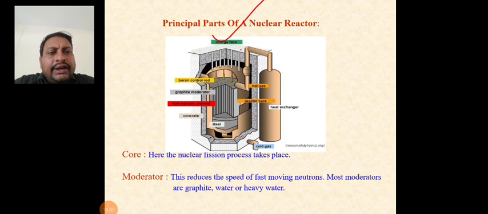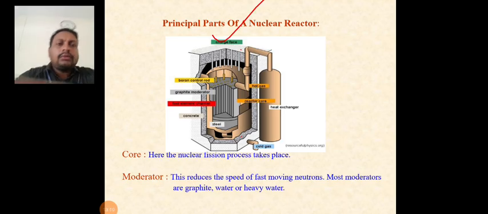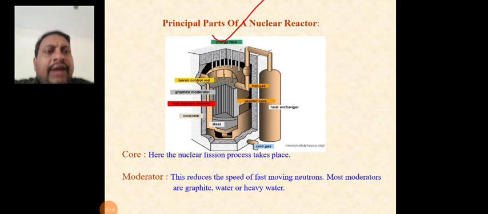The moderator reduces the speed of the fast moving neutrons. Most moderators are graphite, water or heavy water. Then we have control rods and moderators.